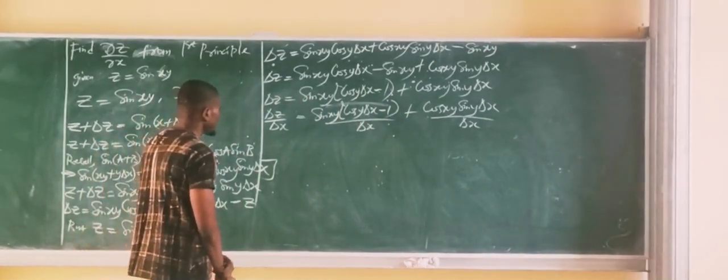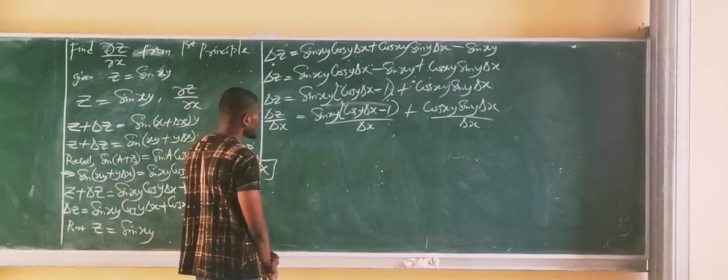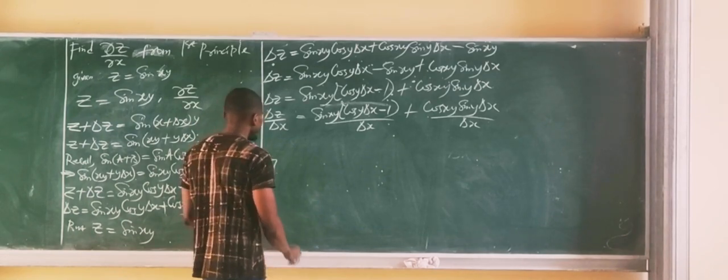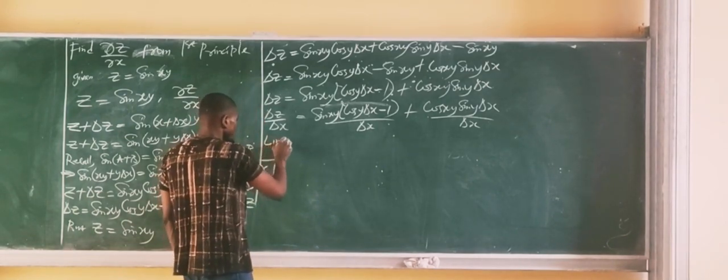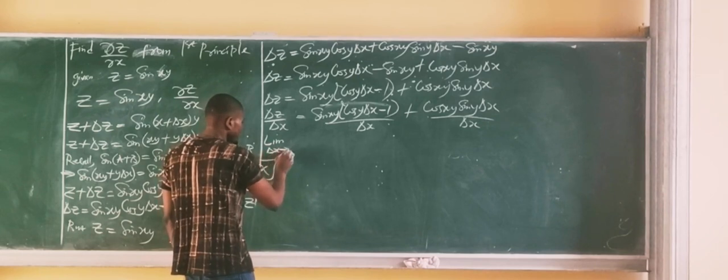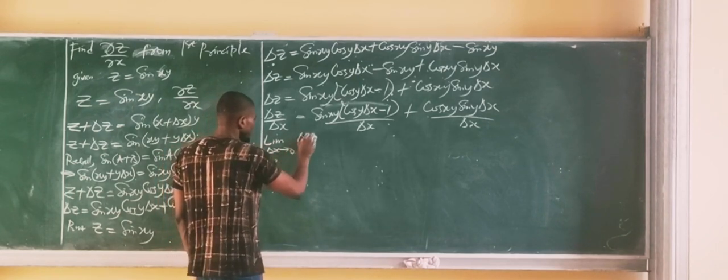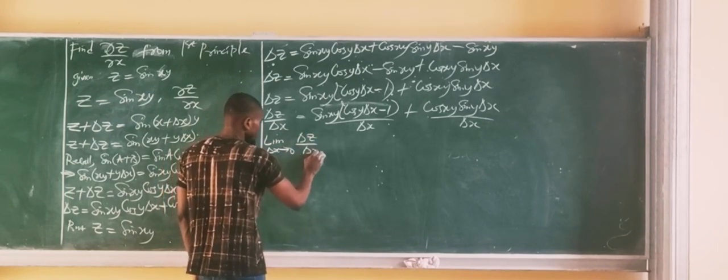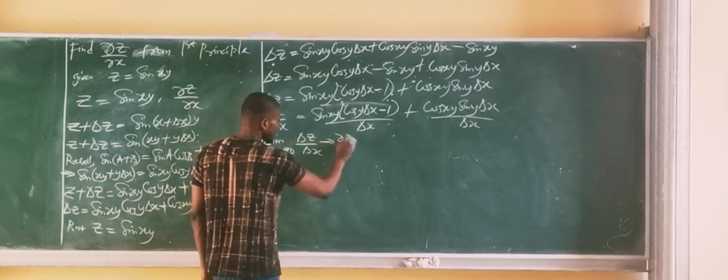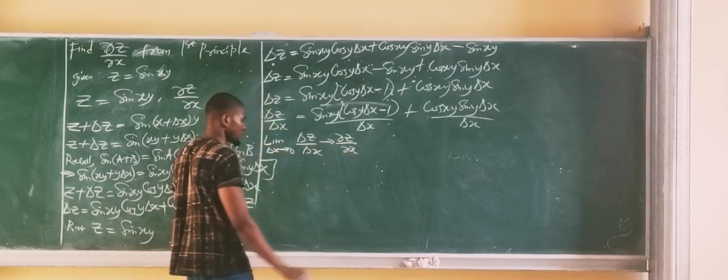At this point, you take the limit as change in x tends to 0, where change in z over change in x tends to partial z, partial x.